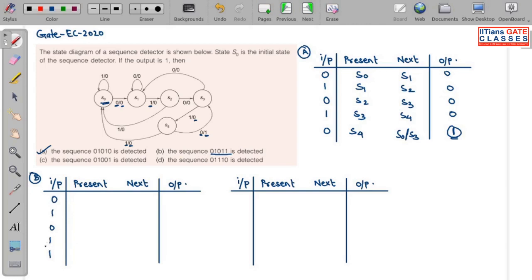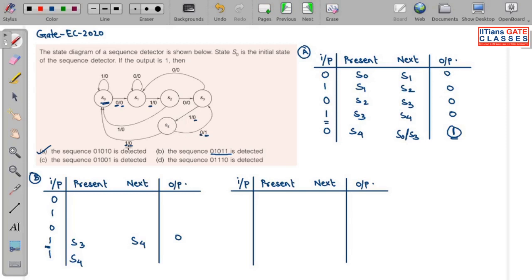It is the same up to this point, 0, 1, 0, 1. So, let me just copy till here, S3, S4, output is 0. Now, if my present state is S4 and if my input is 1, you can see there is no state defined for S4 having input as 1.